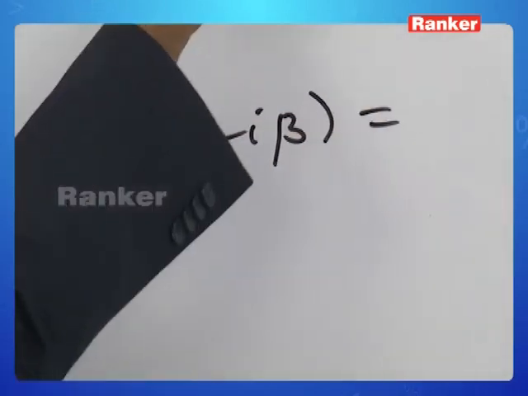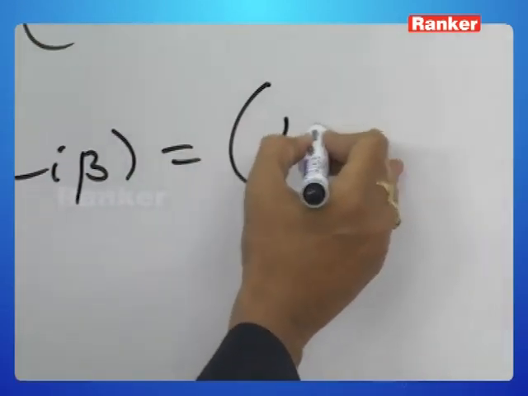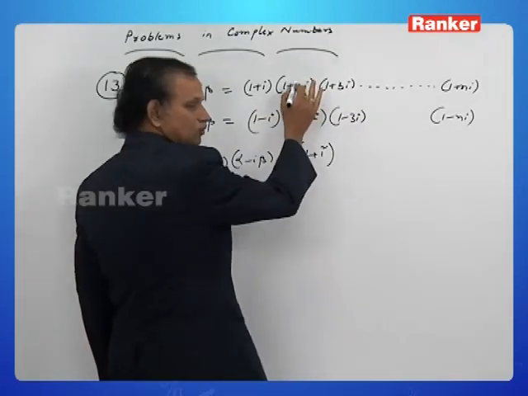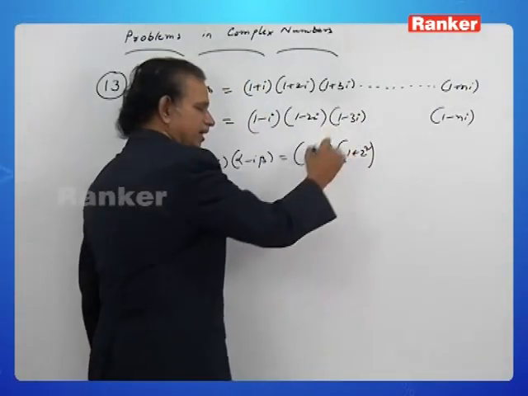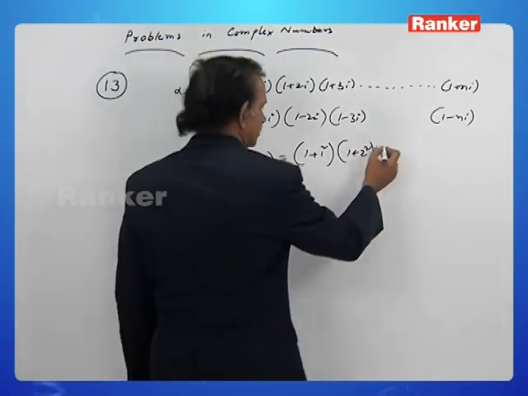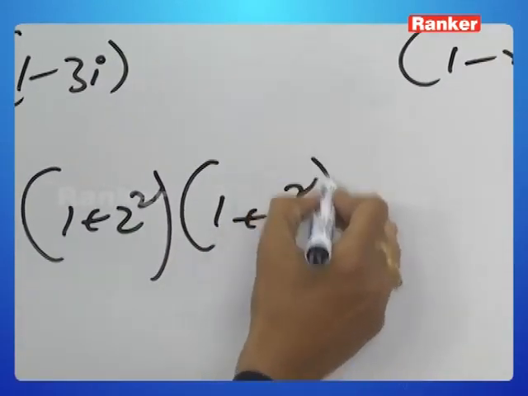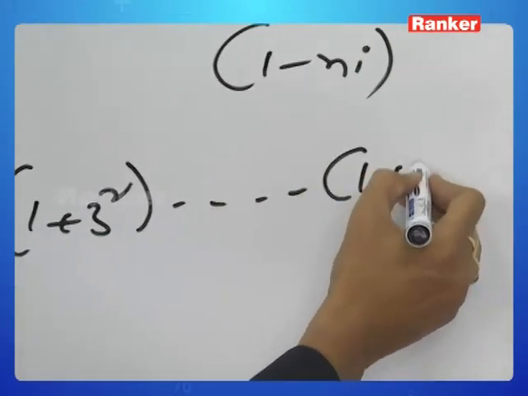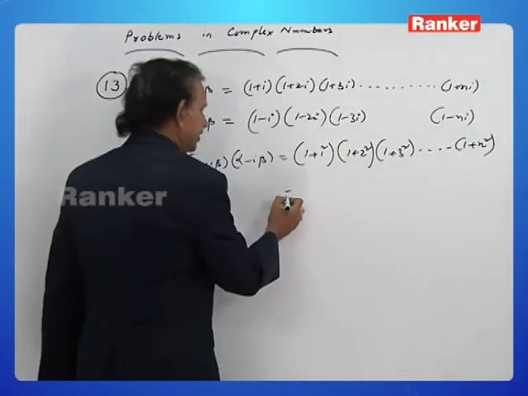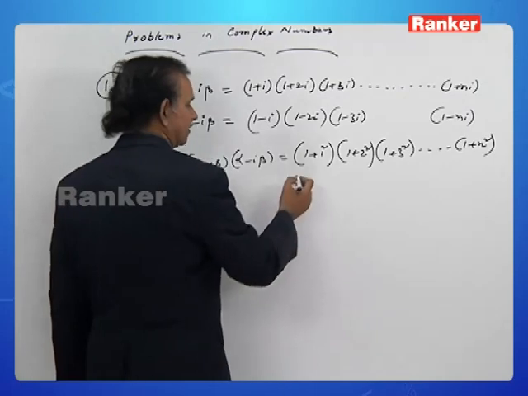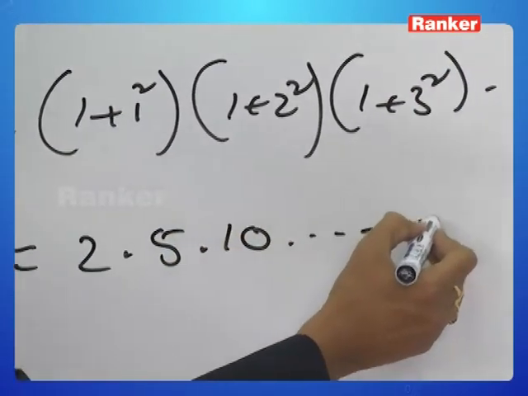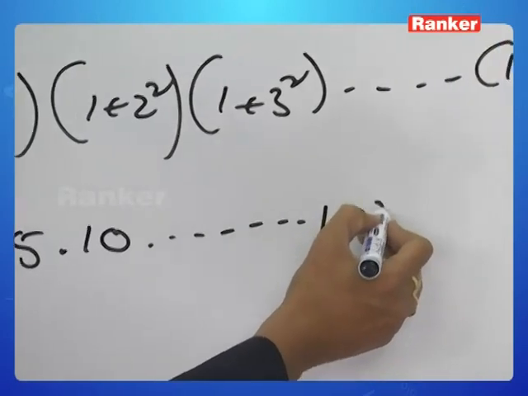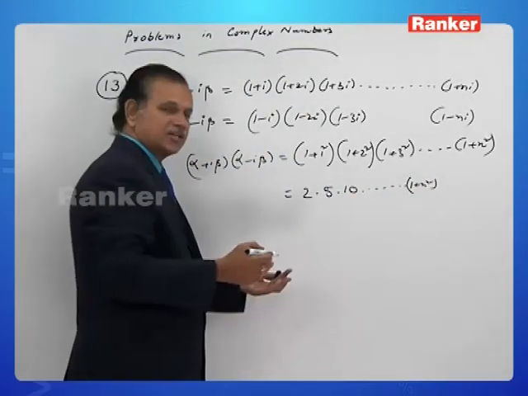This is equal to (1 plus i)(1 minus i) which is 1 plus 1 square, (1 plus 2i)(1 minus 2i) which is 1 plus 2 square, (1 plus 3i)(1 minus 3i) which is 1 plus 3 square, and so on up to 1 plus n square. What is 1 plus 1 square? 1 square is 1, 1 plus 1 is 2, into 5, into 10, and so on up to 1 plus n square, which is of course the required.